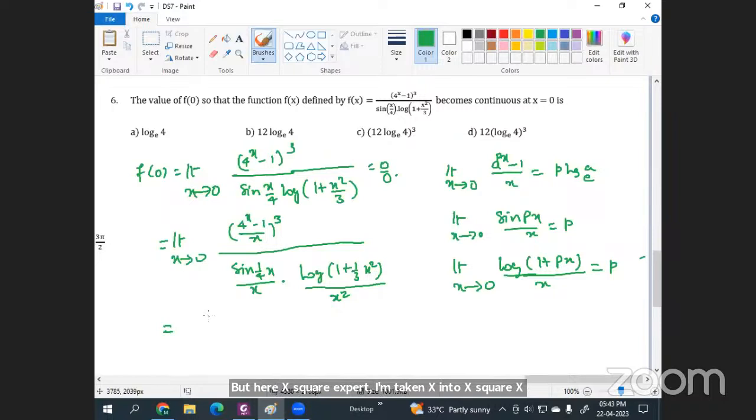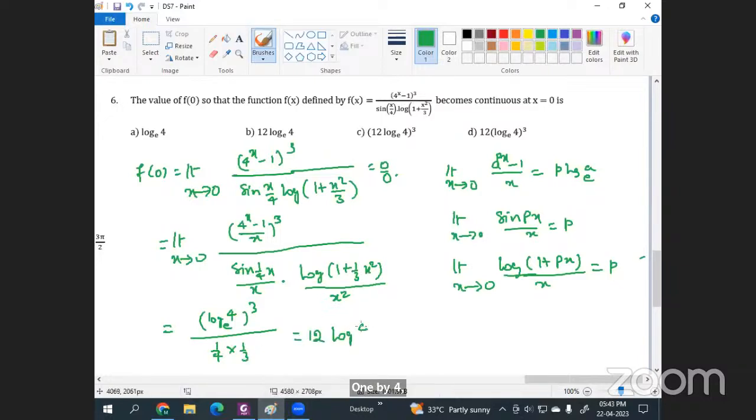Numerator is log 4 base e whole cube. Denominator 1 by 4 into 1 by 3. So your answer is 12 into log 4 base e whole cube. Is it clear? Is it clear, all of you? Right, children?